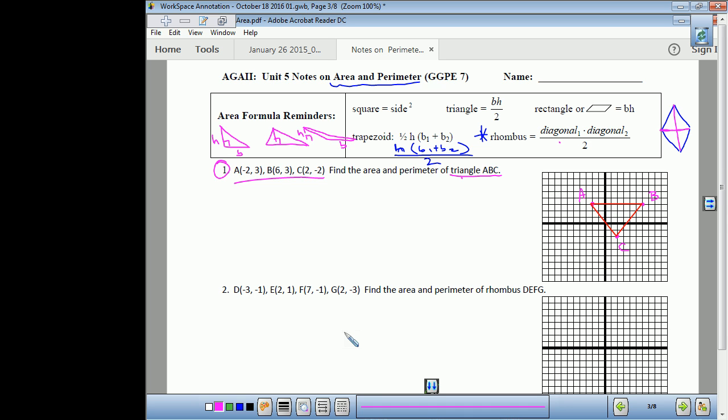So how much longer are we gonna have to use the graph? What? Forever. How much longer are we going to be doing what? Are we gonna be doing units that use the graph for the rest of the year, or is it just a temporary thing? We're going to be graphing the rest of the year. So next unit is the conic unit. And so we will graph circles, we will graph parabolas, we will graph the ellipse, and we will graph the hyperbola.